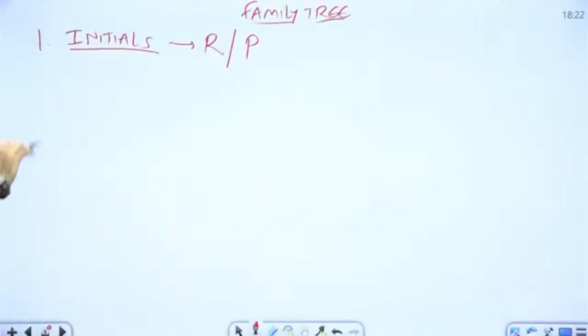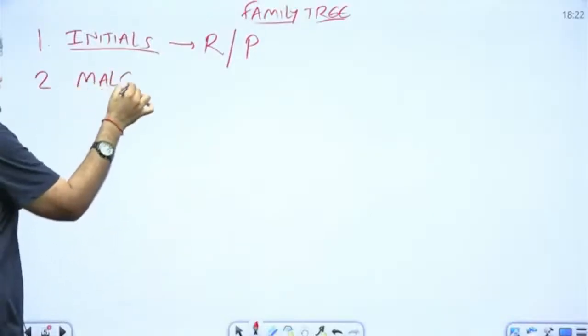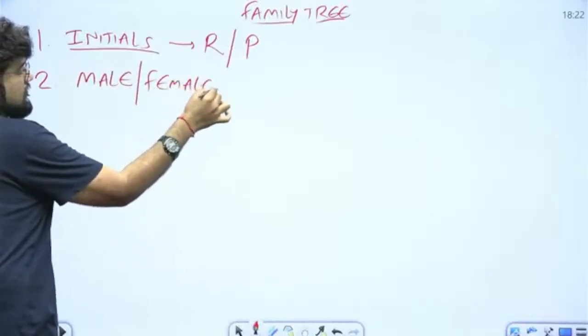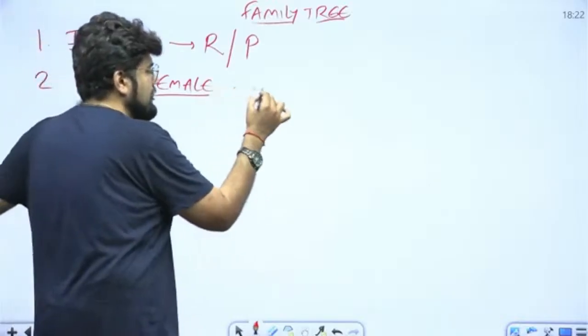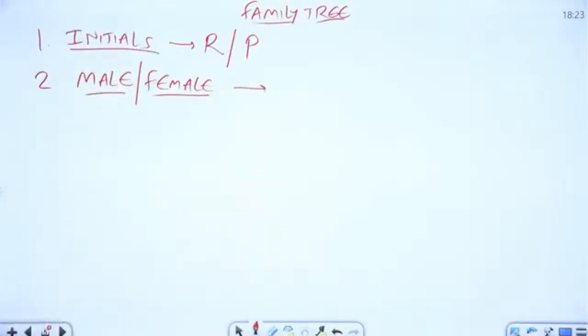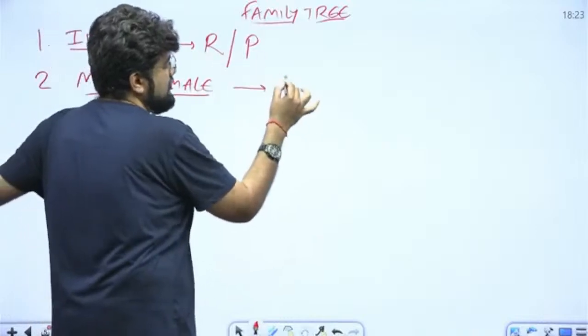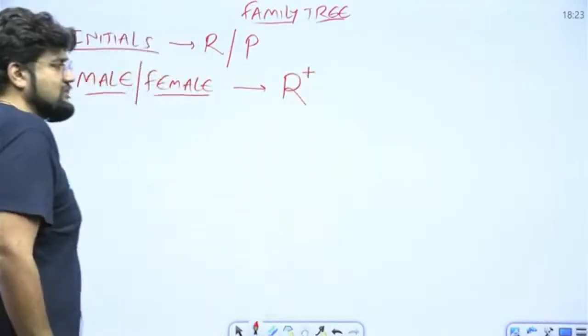Use the initials. Point number two, which is a very important point. If you are aware that this person is a male or this person is a female, how will you depict them? Again, there are multiple methods which people use to depict the male and female. What I prefer is that if you know that Rahul is a male, you draw R and you write a plus sign on top.